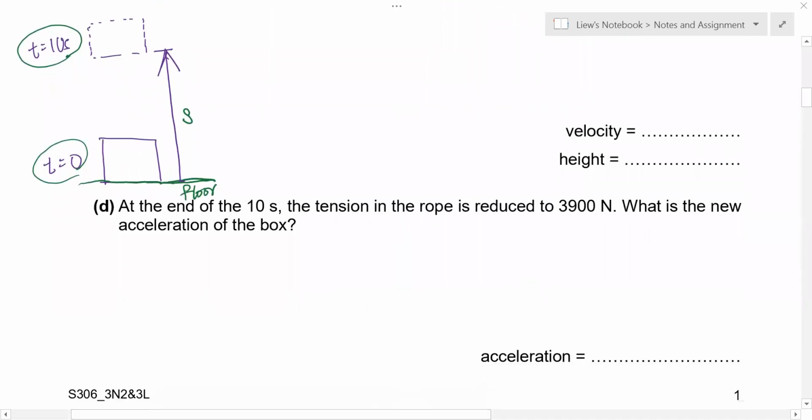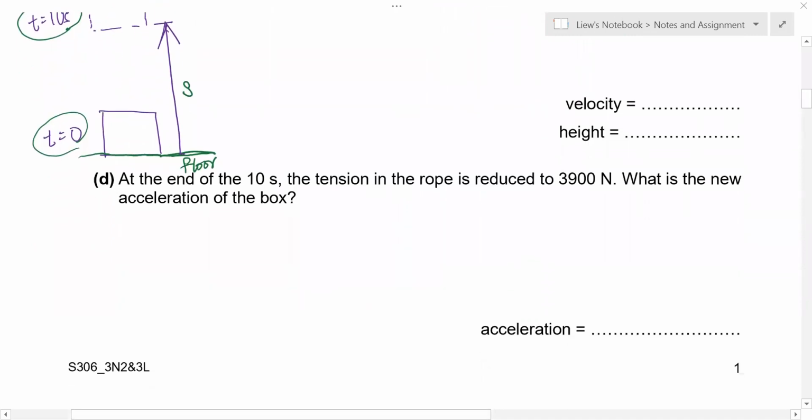Now part D, at the end of the 10 seconds, the tension in the rope is now reduced to 3,900 newtons. So what is the new acceleration of the box?